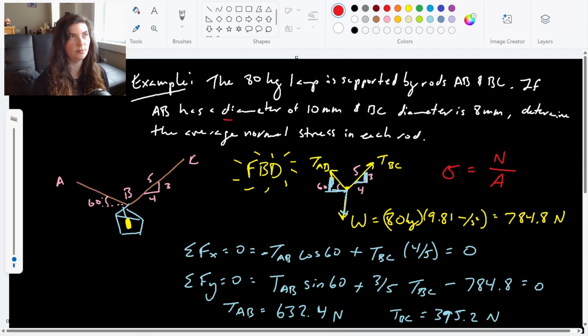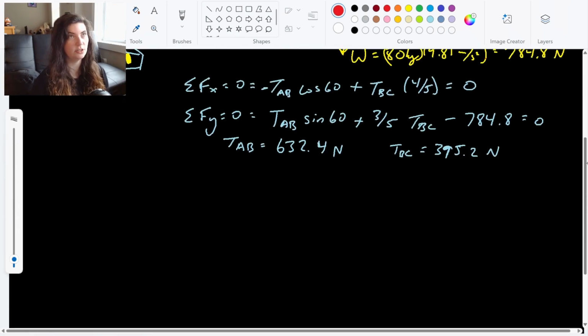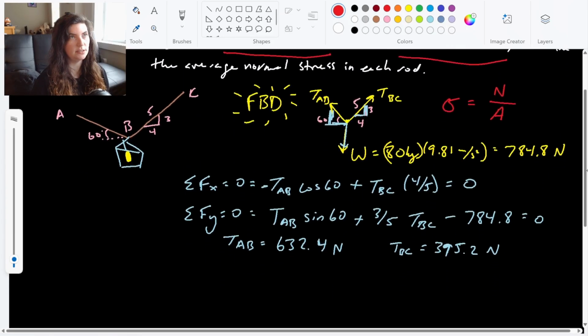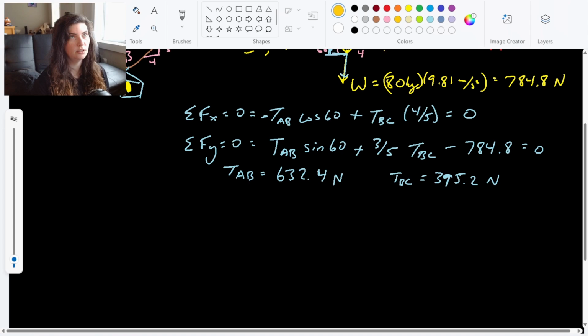And thankfully they gave me diameter of 10 millimeters and diameter of 8 millimeters. So diameter immediately tells us it's a circle. AB is 10 millimeters. So my area for AB is pi d squared over 4.